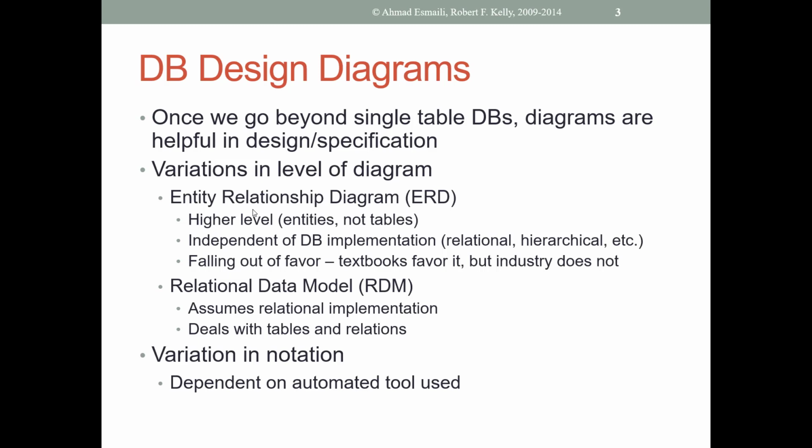So the ER diagram that we have here, E stands for entity and R stands for relationships that may exist between the entities. This ER diagram is a very popular design tool in the database community, and it doesn't mean that your implementation should be relational. So that's the point that we have right here.